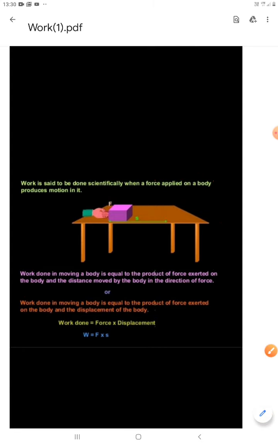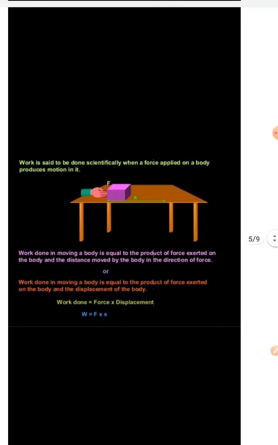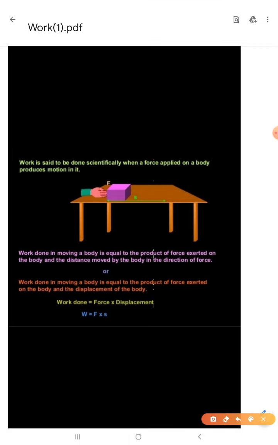For work to be done, there should be two very important things: force and displacement. Then after that we talk about how to find out work. This is another part, but we will only discuss work when there is a force and there is a displacement.